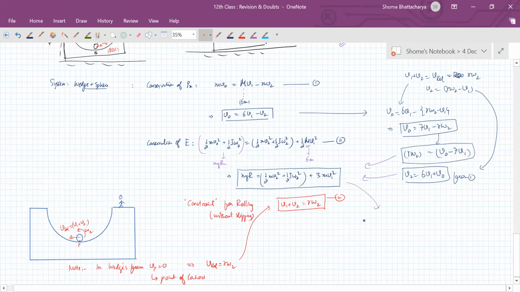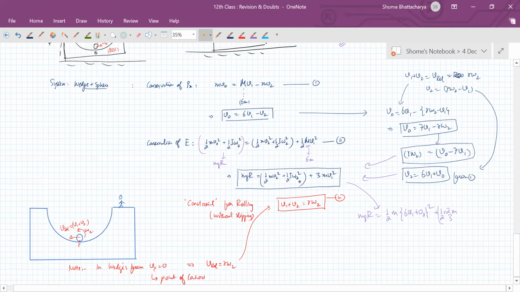So this equation becomes mgr is equal to half m (6v1 plus v0) whole square plus half 2 by 5 m.